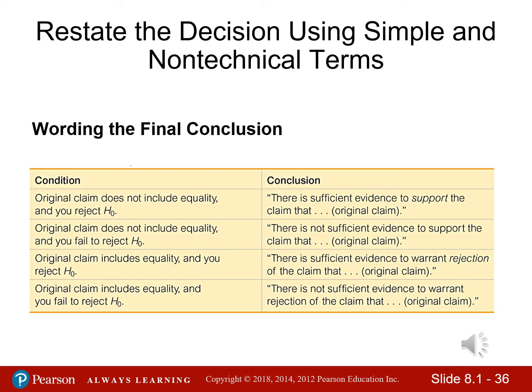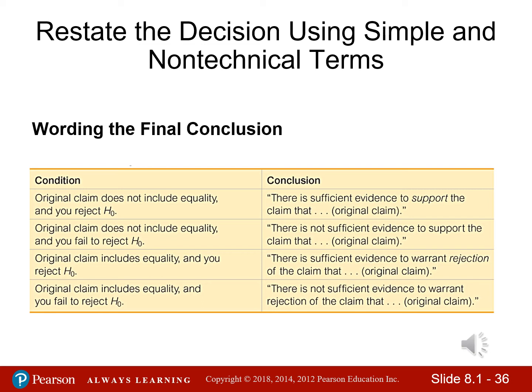For help with wording for our final conclusion, refer to this table. This table lists 4 possible circumstances and their corresponding conclusions. Note that only the first case leads to wording indicating support for the original conclusion. If you want to support some claim, you state it in a way that it becomes the alternative hypothesis and then hope that the null hypothesis gets rejected.